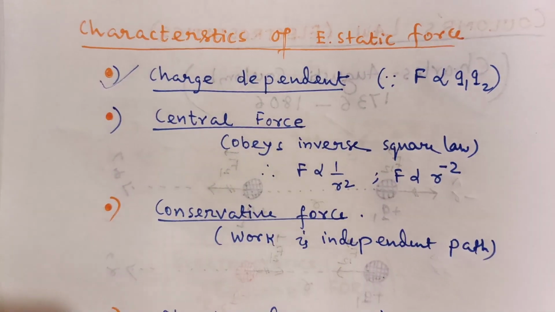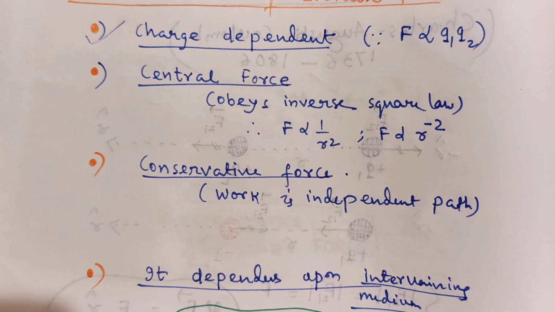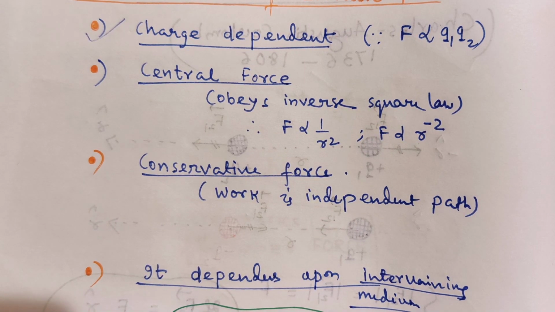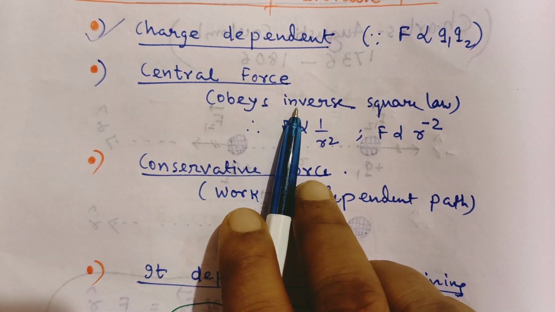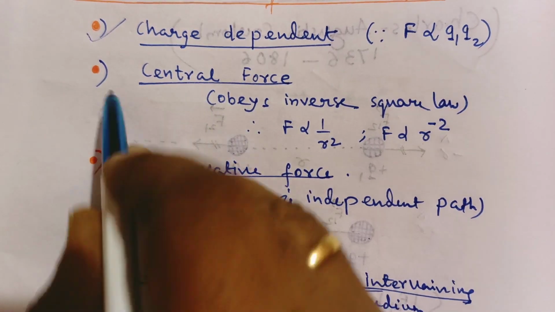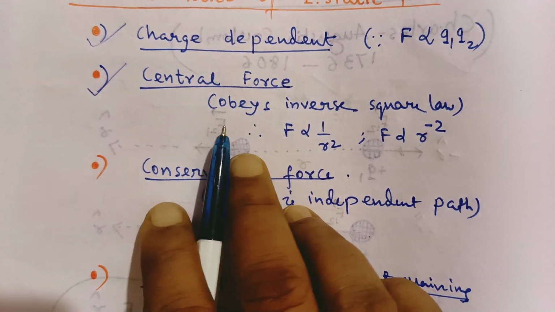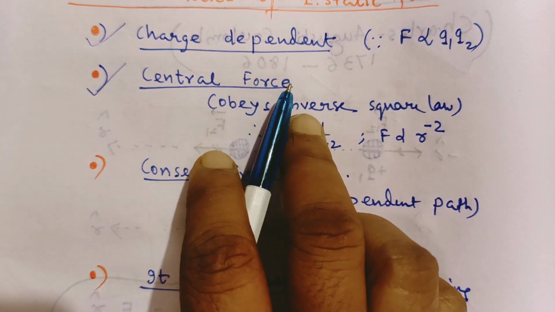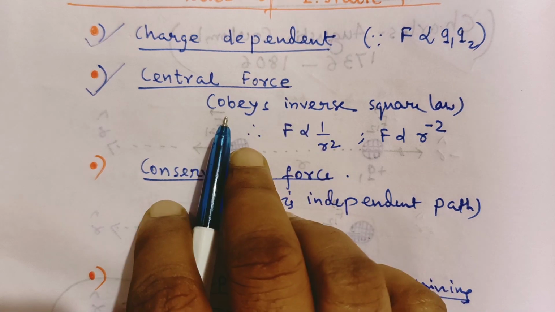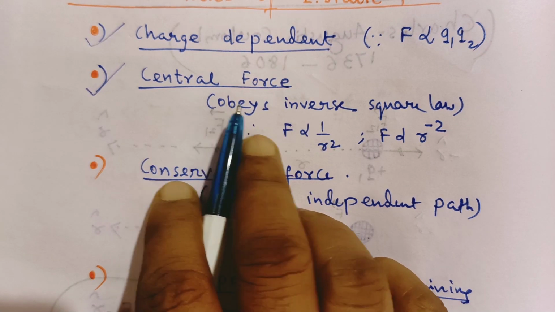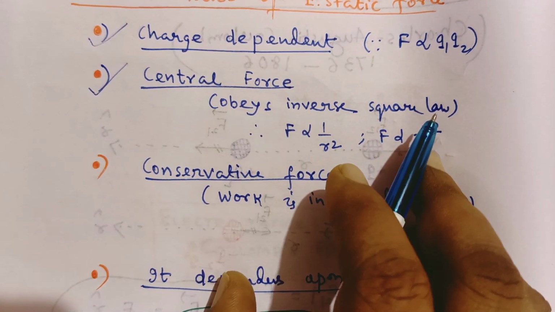Central force: we have already discussed central force and non-central force in nuclear force and gravitational force. Here again we are repeating: like the gravitational force, the electrostatic force is also a central force. First, remember what a central force is. It is a force which obeys the inverse square law.